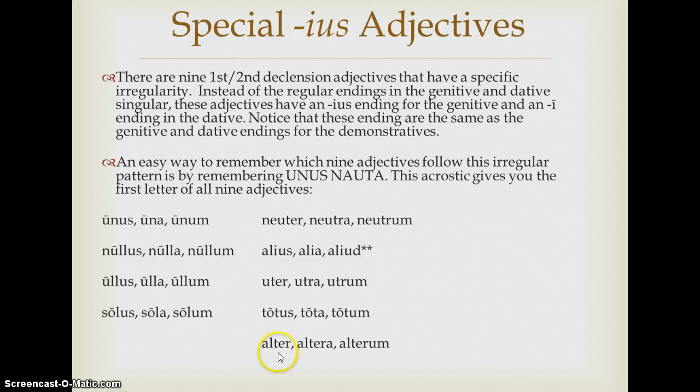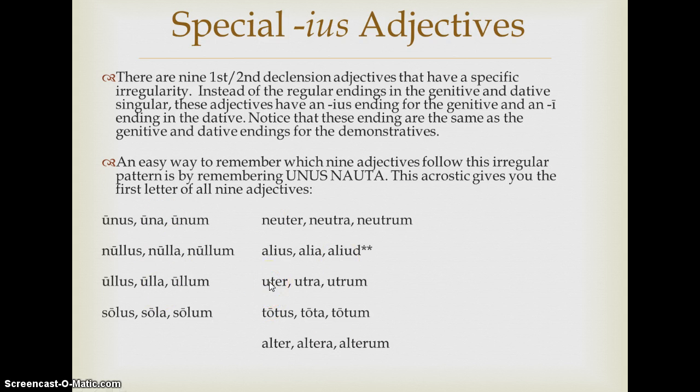So in every other way, they function like a first, second declension adjective, except for their genitive and their dative singulars. An easy way to remember which 9 adjectives make up this pattern is remembering the acrostic unus nauta, because those are the first letters of the 9 adjectives.